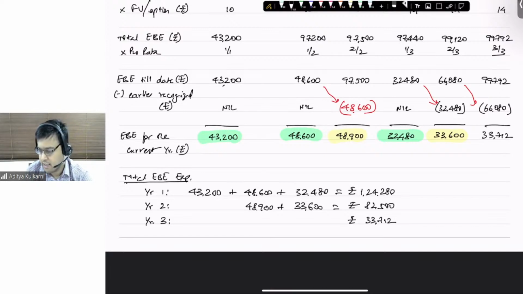Excellent. Kaushiki has confirmed the figures. Yes, that's right. Okay, so it's all correct. All right, so this is your expenses to be recognized each period. Done.